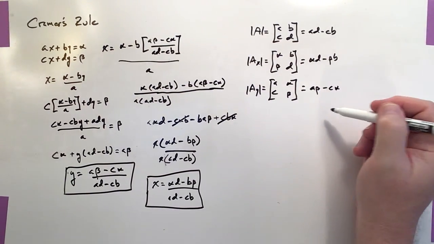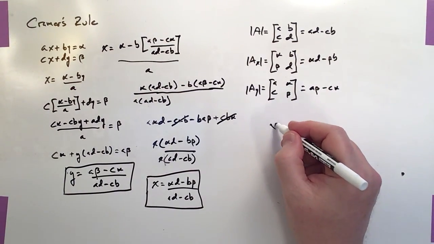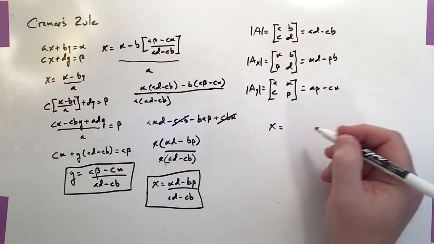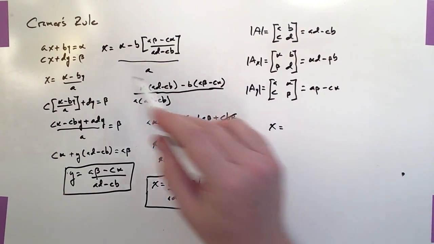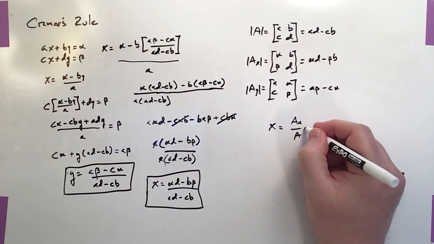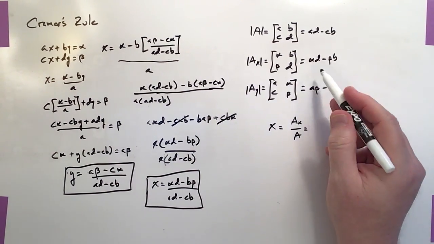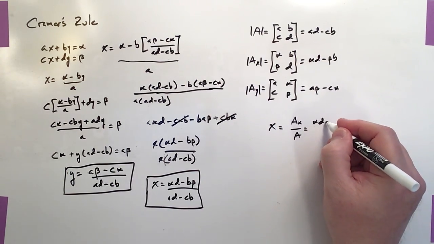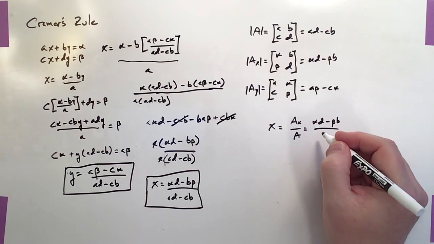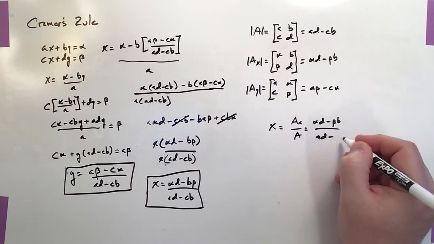And then Cramer's rule says further that we can then find the solutions for X and Y by just taking the ratio of these determinants. The X variable from the original system is just supposed to be AX over A. And of course, if we look at that, AX over A is going to be alpha D minus beta B divided by AD minus CB.